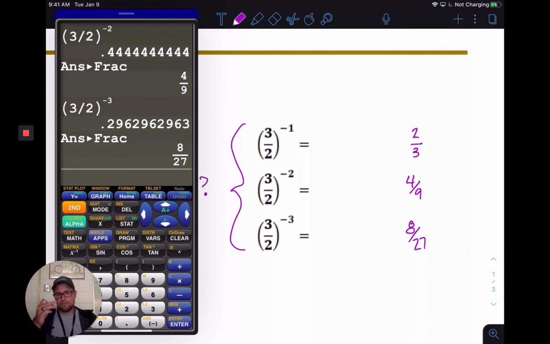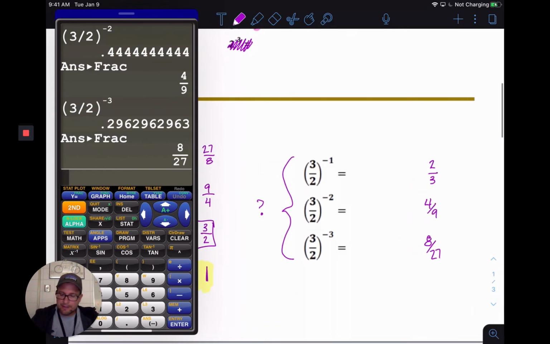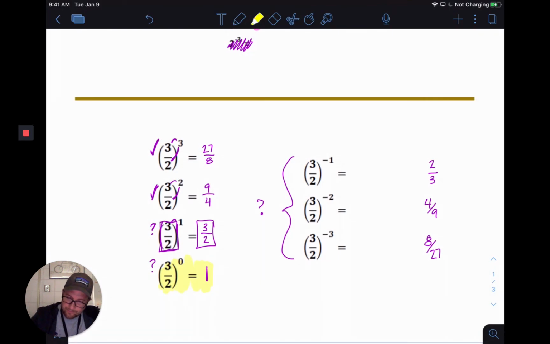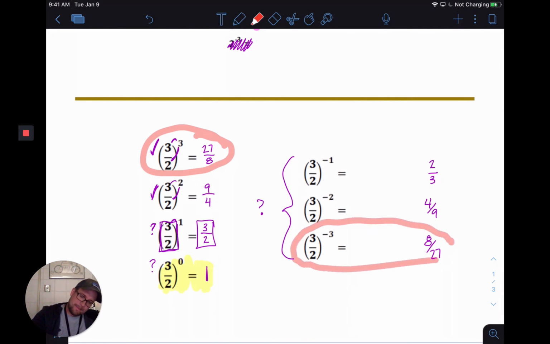Okay, so wait a second. I think I saw some of these numbers already, but they look different. Now, if you look at this one right here, that one we were able to actually do by hand. And if you look at this one, do you notice how they're just reciprocals of one another? They're just flipped fractions. And the only thing that was really different when we started was that was a negative 3 and that was a positive 3.